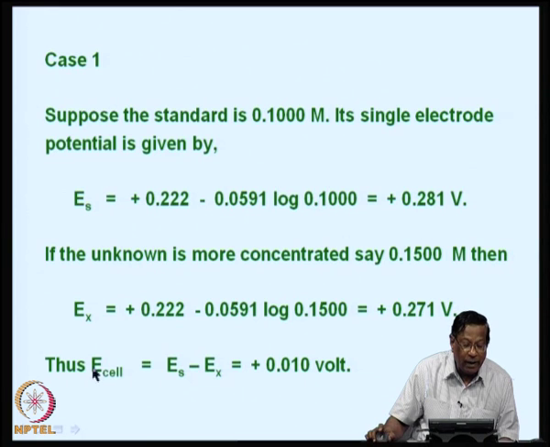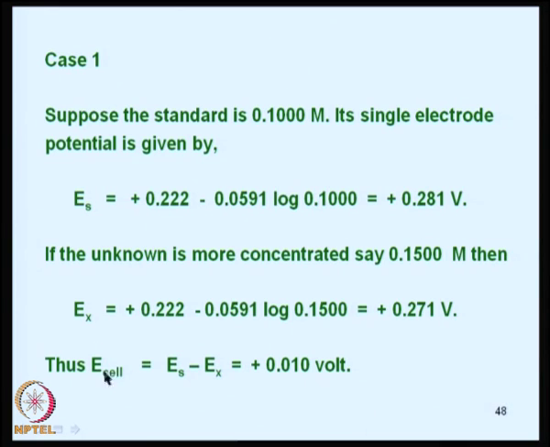So, you can measure E cell by connecting the solutions to a source of electricity. What you would see is 0.1 volt flowing through, and that is nothing but E standard minus E unknown.